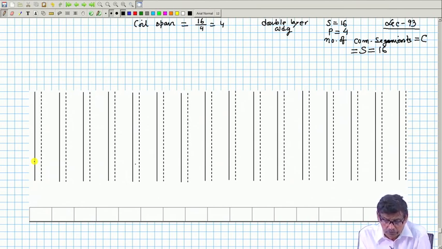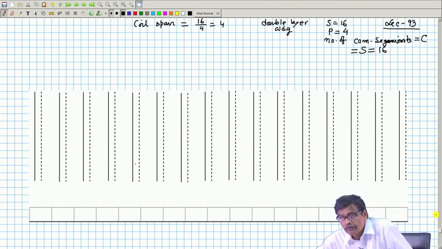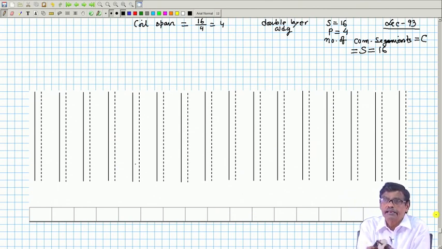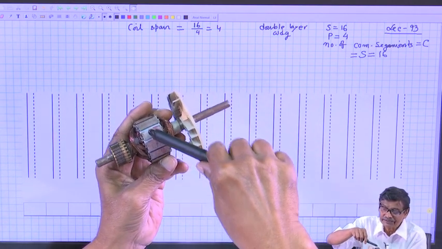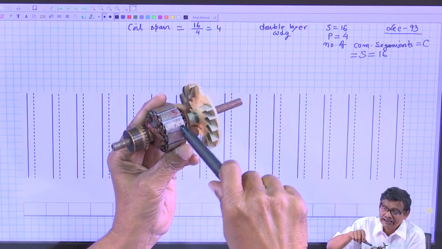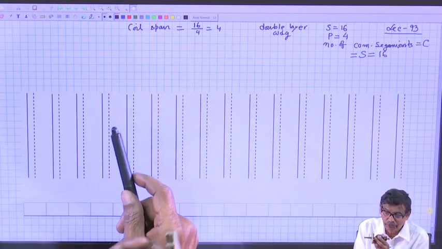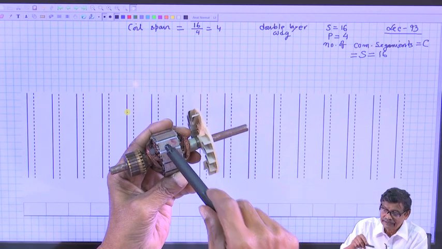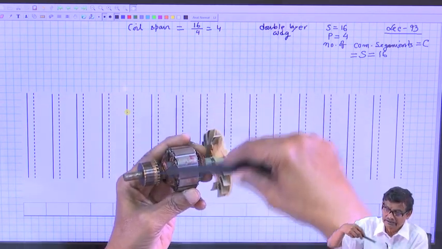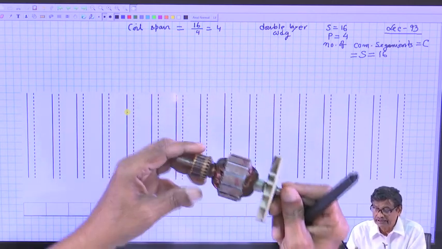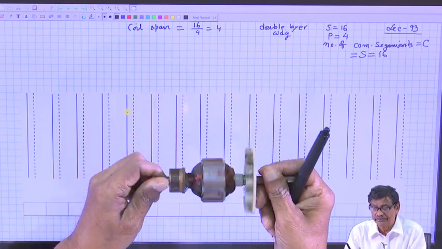and these two terminals are to be terminated on these copper strips. These vertical lines are mica insulations. These are the slots of the armature, and this portion is the teeth. In these slots the multi-turn coils are placed, and the commutator segment is connected on the shaft.